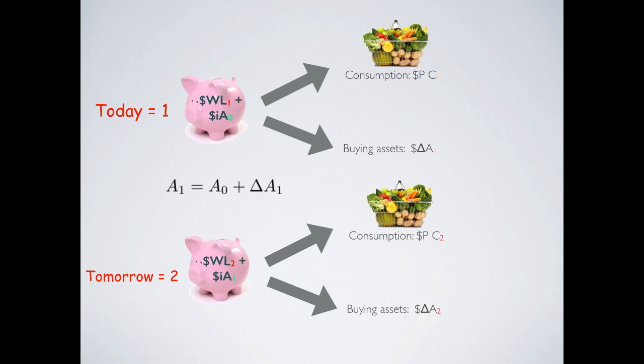We know A0 is something happened in the past, so you cannot change it today. So anything that happened on today's asset purchasing, it would immediately affect tomorrow's asset income. And consequently, it can affect households' consumption planning for tomorrow and continuously to the day after tomorrow, and so on and so forth.